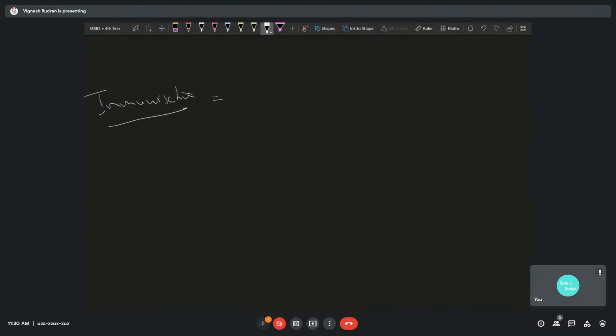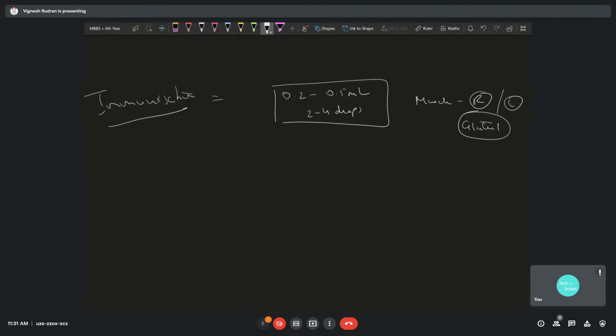Usually it is going to be 0.2 to 0.5 ml, or 2 to 4 drops. This is going to be the amount of vaccine which you're going to give, and usually it is in the muscle, your right deltoid or your left deltoid and your gluteal region. These are the common areas where you're going to administer your vaccine.